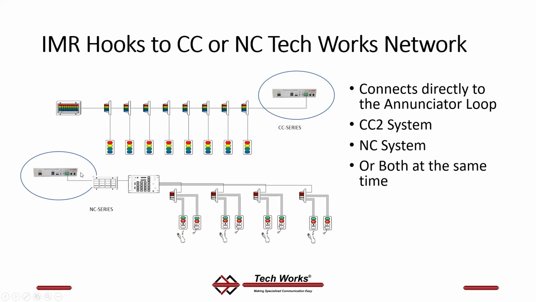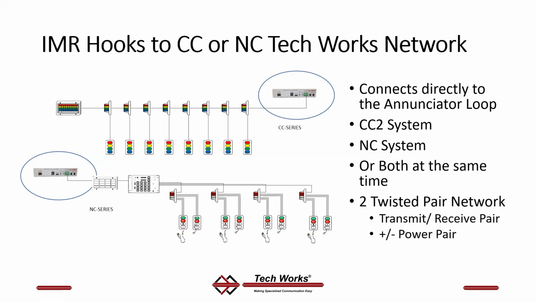You don't have to have two IMRs. You could have one IMR connected to two systems, as long as you keep the addressing so they don't conflict, so that the IMR can tell which stations are the clinical and which ones are the NC. It doesn't care because it's the same messaging. They can connect to both at the same time.